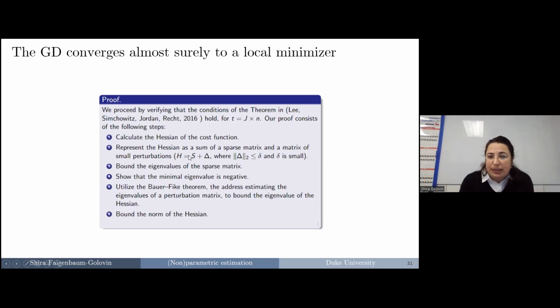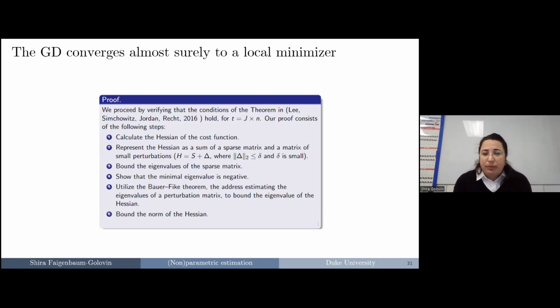We will write and calculate the eigenvalues of this matrix S and see that the smallest eigenvalue indeed is negative. We will add some information from the eigenvalues from the delta and combine those two into one using the Bauer-Fike theorem. We will be able to conclude that indeed we are able to converge in the given scenarios to a local solution.